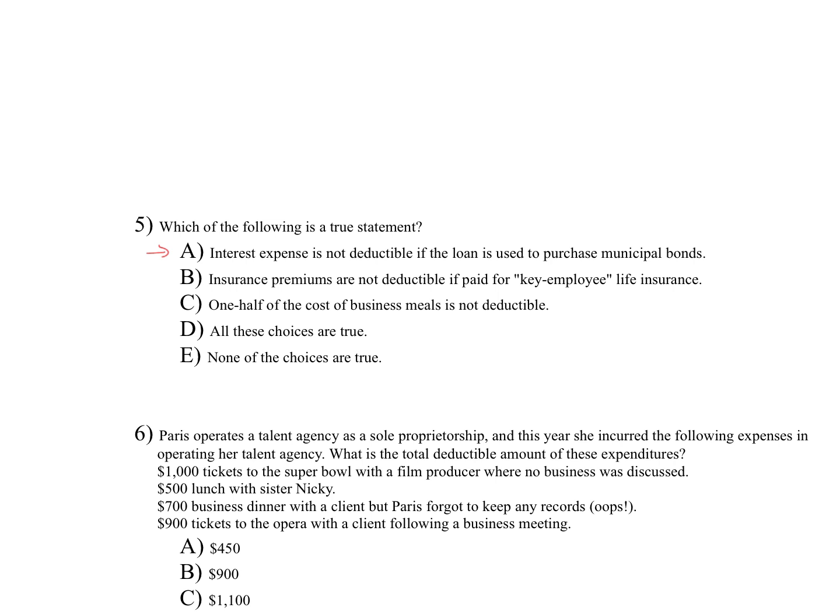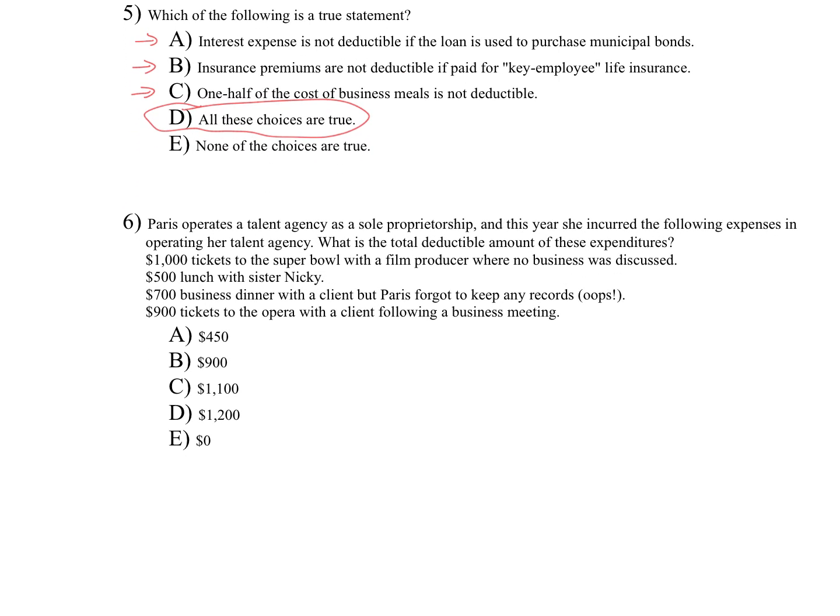Insurance premiums are not deductible if paid for key employee life insurance. We also know that that is true. One half of the cost of business meals is not deductible. We also know that that is true. So then that leads us to D. All of these choices are true. Okay. Let's look at number 6.